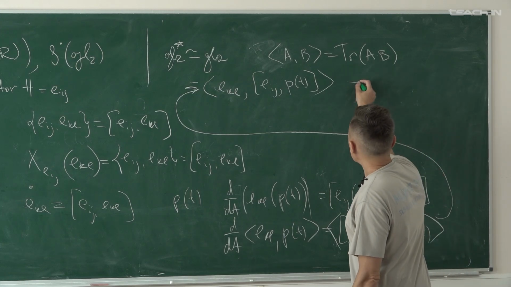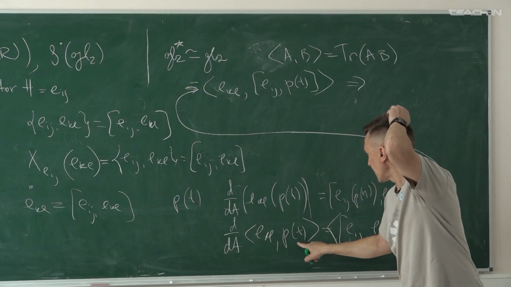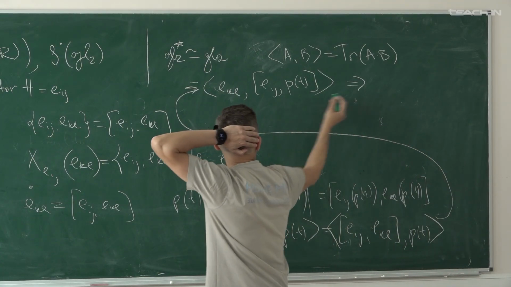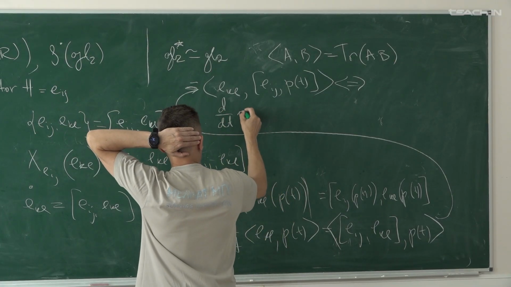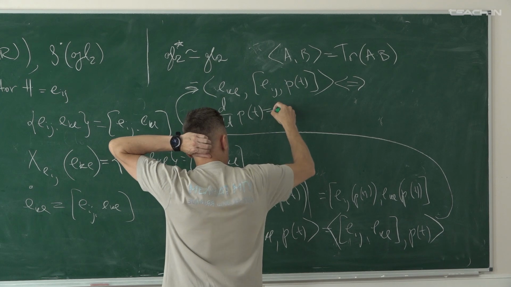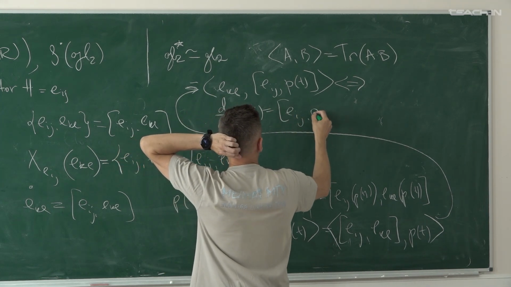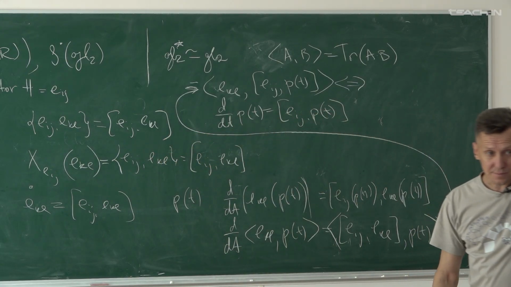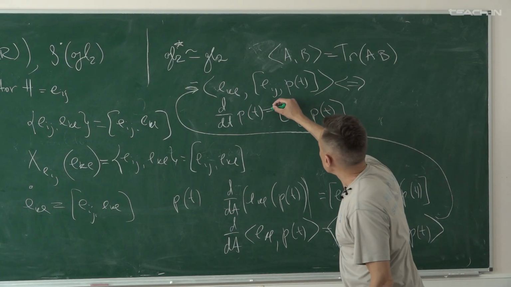And it means that the derivative acts just on P. It is equivalent to the fact that d over dt of P_t is equal to E_ij with P_t, minus, I'm sorry, minus.